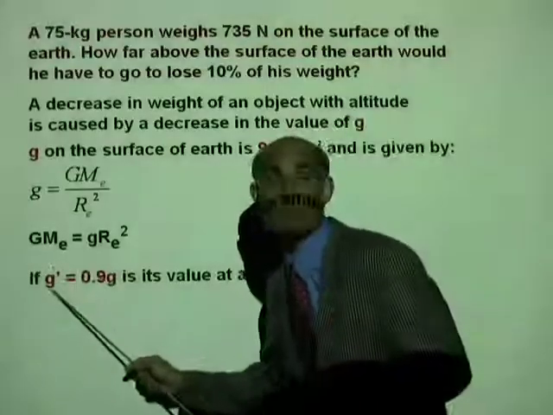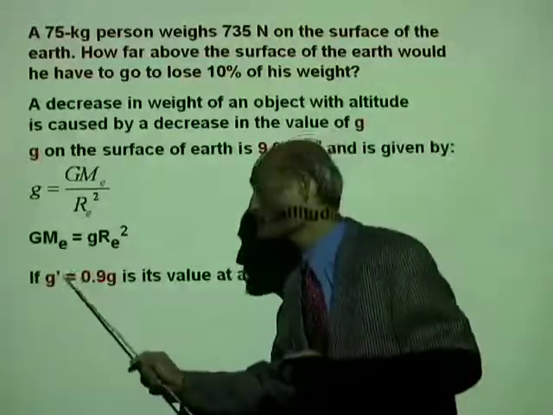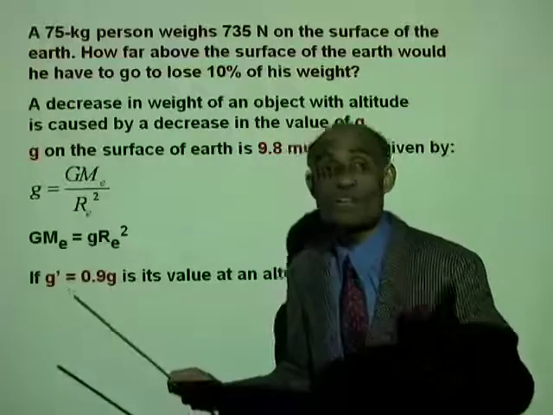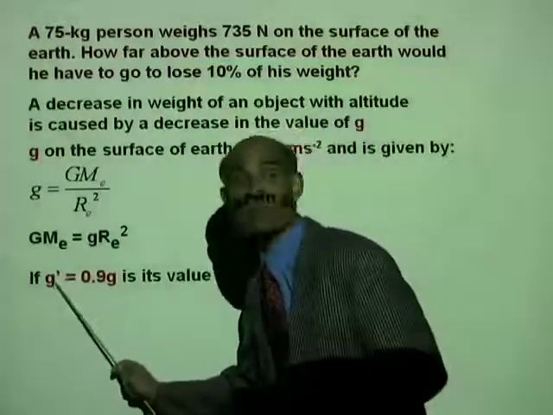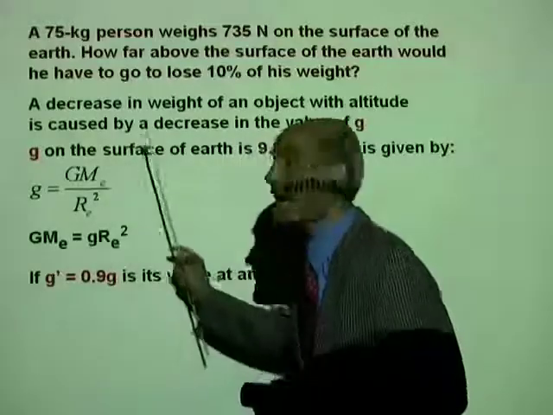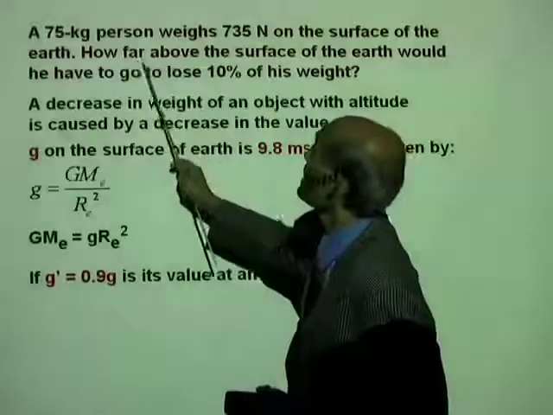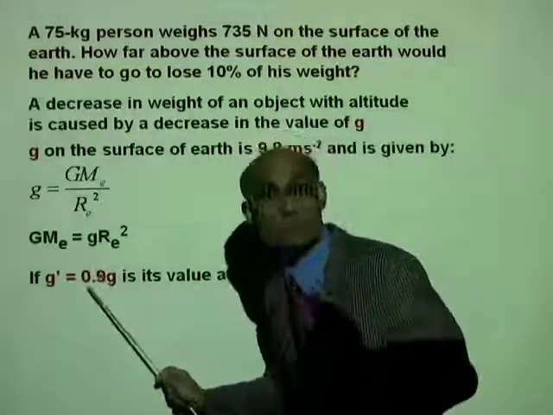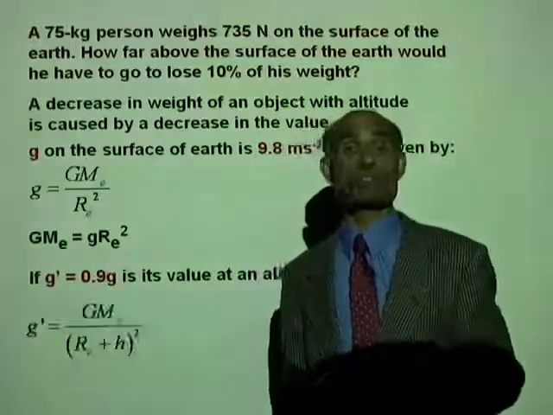If g prime is the value of g at that altitude, that g prime will be 0.9 of g on the surface of the earth. Is that right? So g prime, the value of g at an altitude h, which we need to find, how far above the surface, will be 90% of the value of g on the surface of the earth.